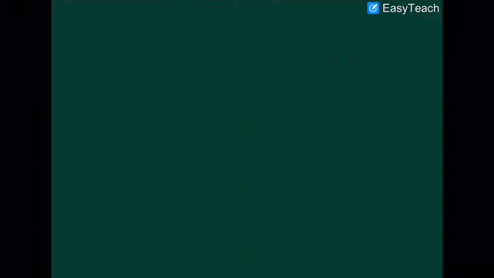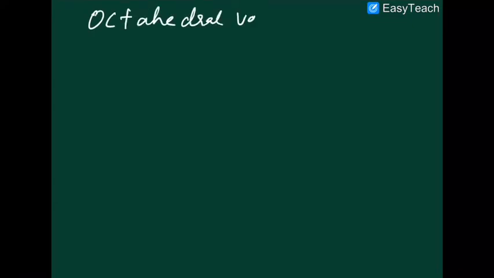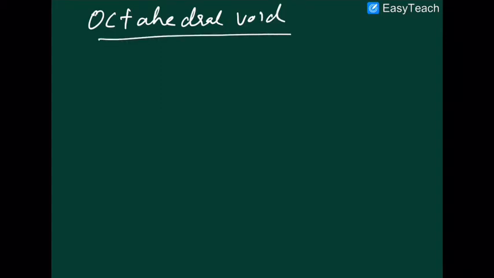Now you take the case of an octahedral void. In the case of an octahedral void, what can you observe? That there are 3 spheres in the front side and 3 below.